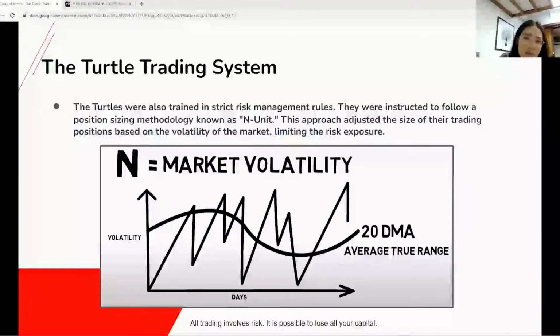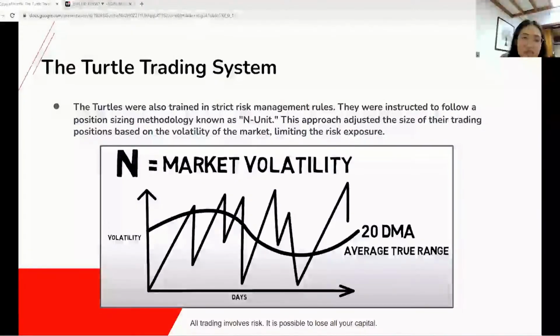N equals the market volatility. Here we have a brief drawing of the volatility measured across a number of days. Then we used the 20 DMA to measure the average true range of the volatility of the market. And this is how they were trained.